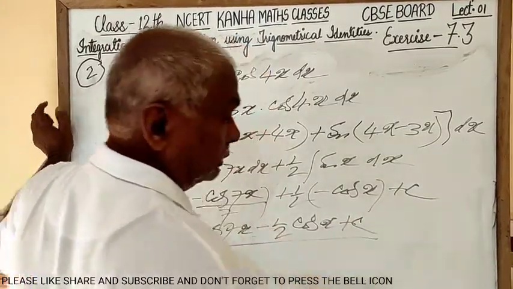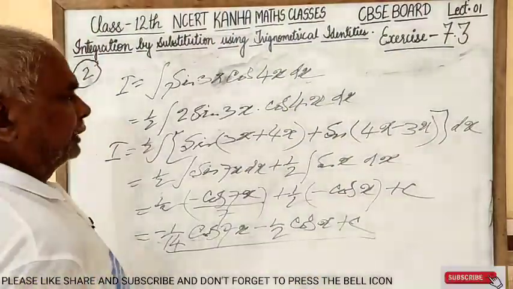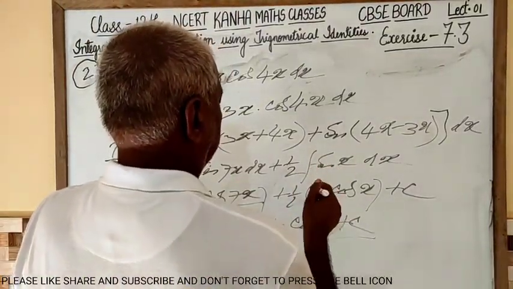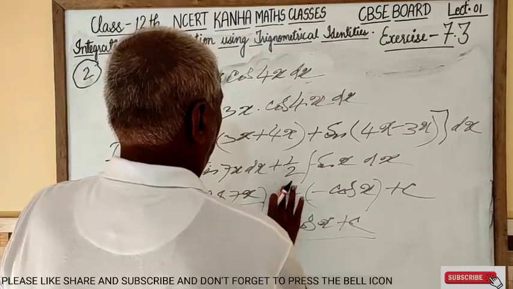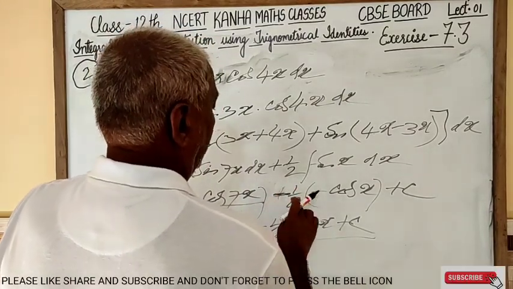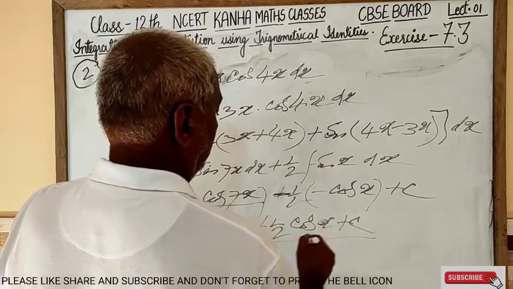Well, this is what we have written here, minus sin x, and this will be equal to minus 1 by 2, and minus minus plus 1 by 2 cos x dx.